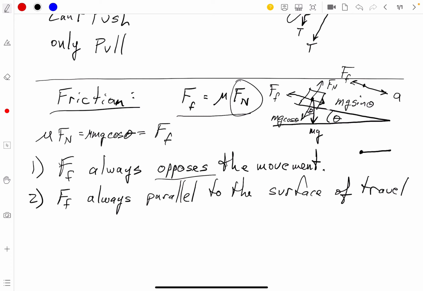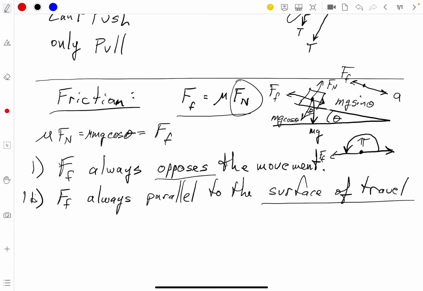So no matter what happens, you have to have 180 degrees. If you're going to be moving in that direction, your force of friction goes in that direction. And that says the same thing, because you're not going to bounce up and down. You're going to slide down the surface, right? So if you're always opposing that movement, then it has to be parallel. So this we could call 1, and this one like 1b or something. Just a little note.